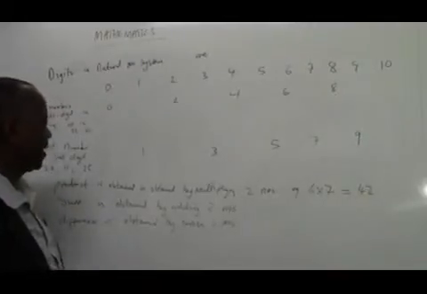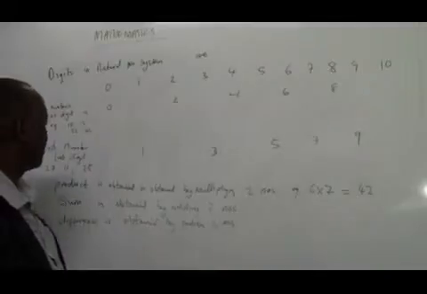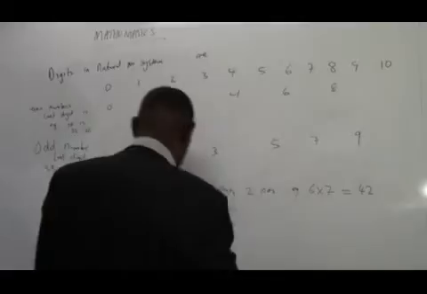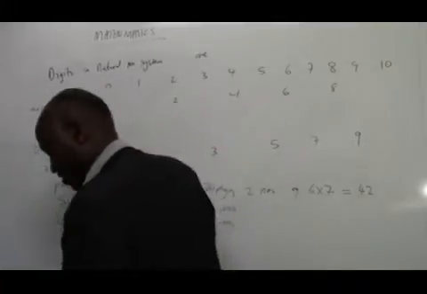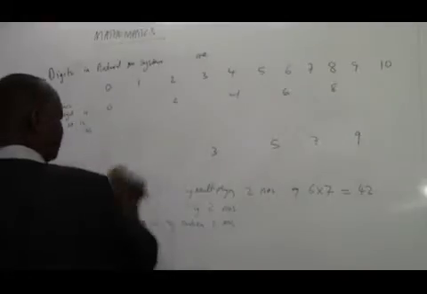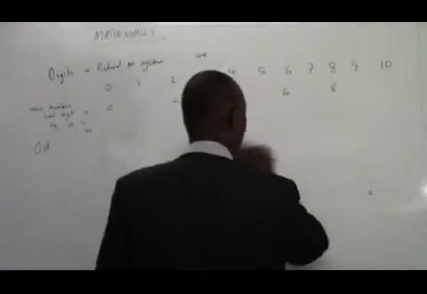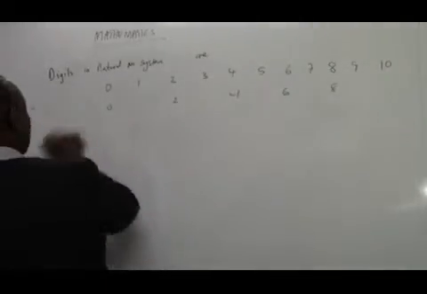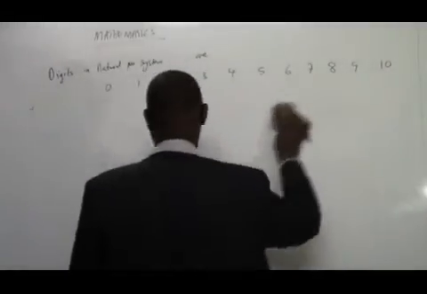Now let's look at another important term as far as natural numbers are concerned. Another very important term is the factor of a number. Let's look at factors of numbers.